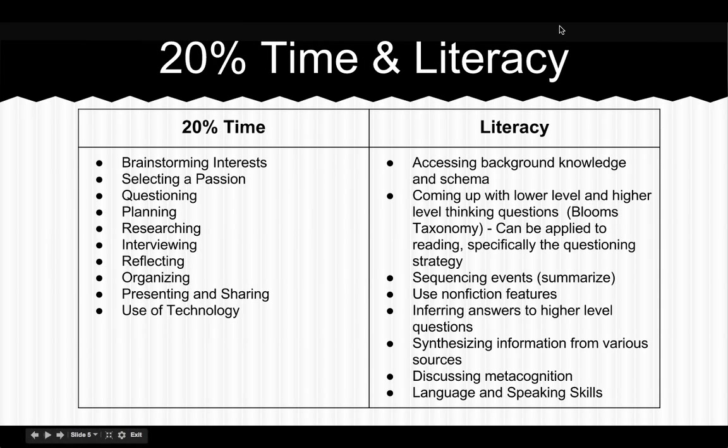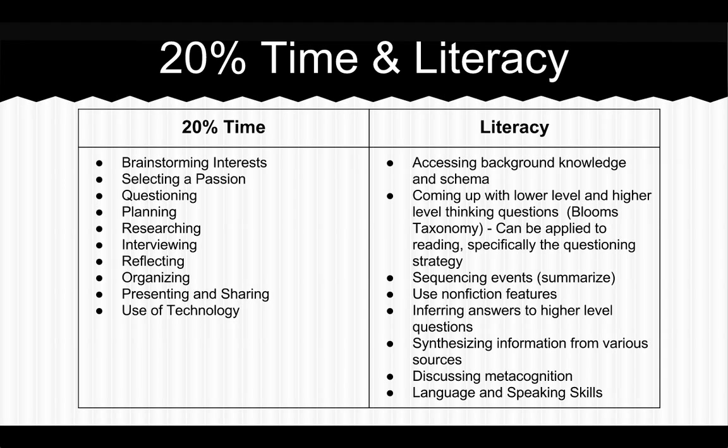Some people are hesitant to get started with 20% time, so I am comparing 20% time with literacy, so you can see how they go together. Part of the process for 20% time is brainstorming interests, selecting a passion, questioning, planning, researching, interviewing, reflecting, organizing, presenting and sharing, and use of technology.